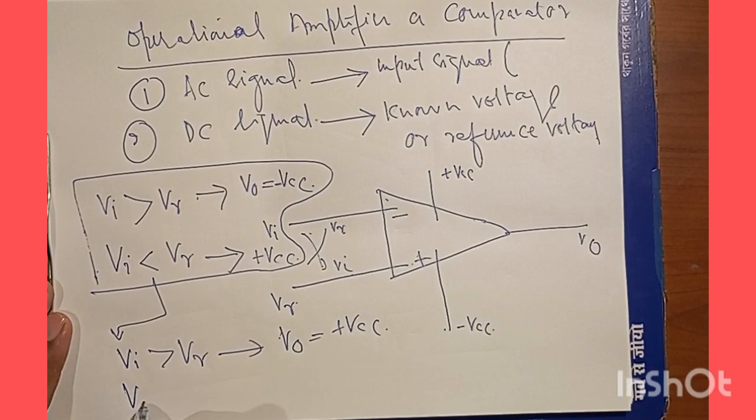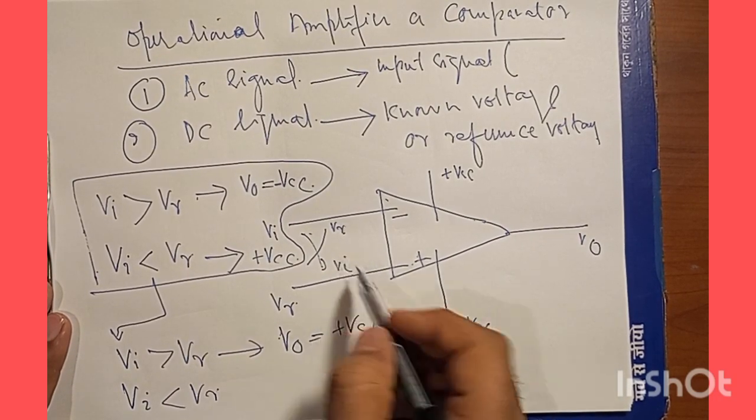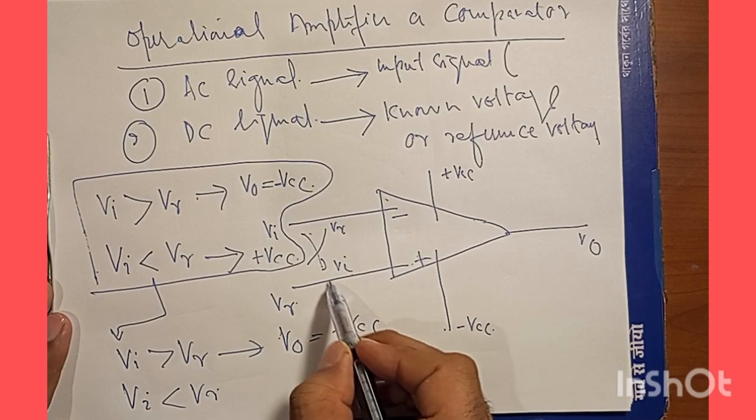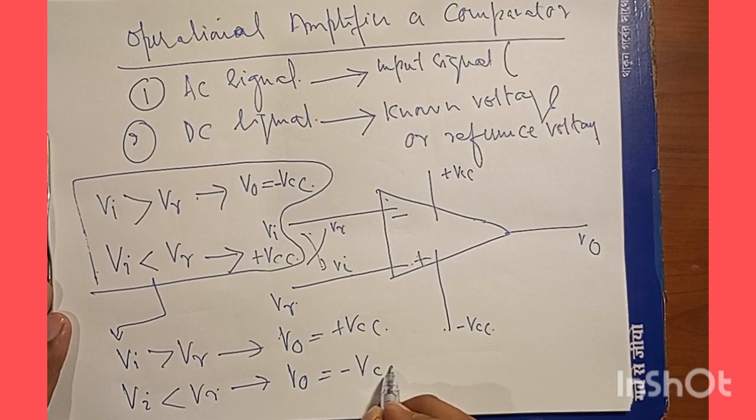And if we have VI less than VR, for this situation, when this terminal is VI and this terminal is VR, VI is less than VR means your Vout must be minus VCC.